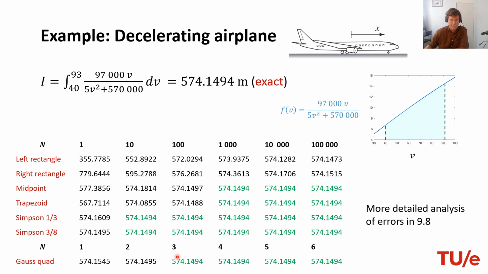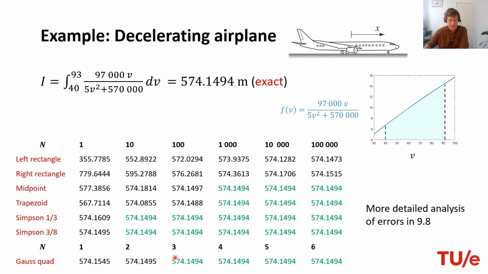And this is only for 3 function evaluations. Compare this to, for example, the rectangle rule, where for 100,000 function evaluations, we didn't even get this kind of accuracy, but here we already have it for 3 function evaluations.